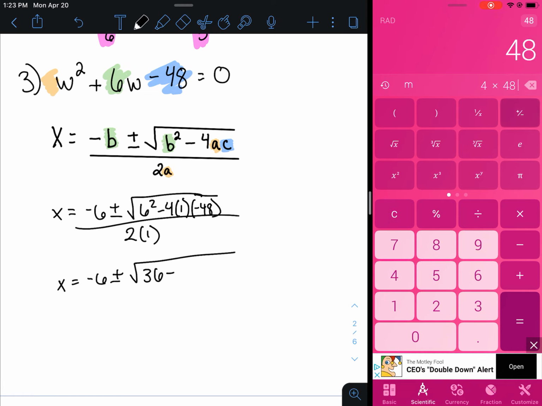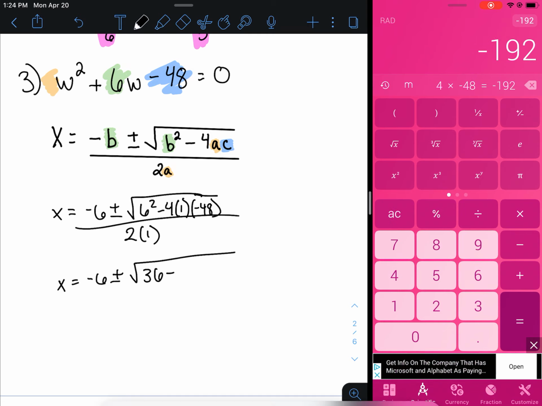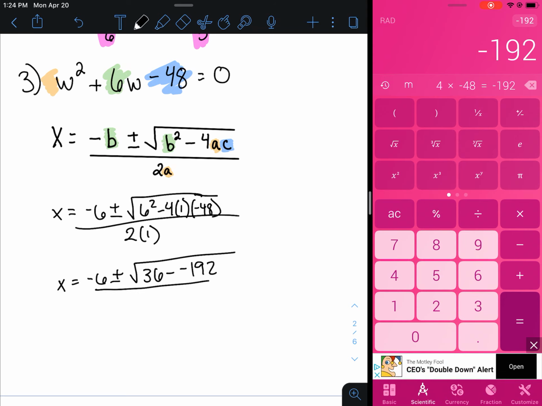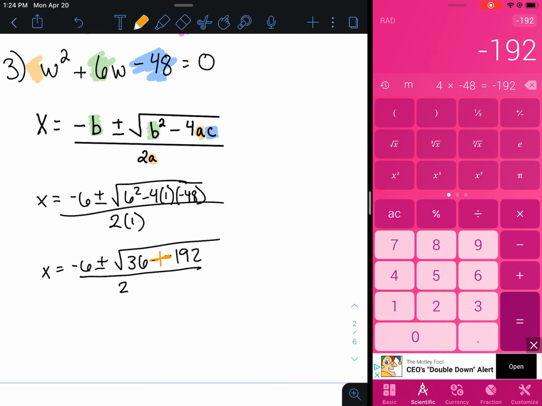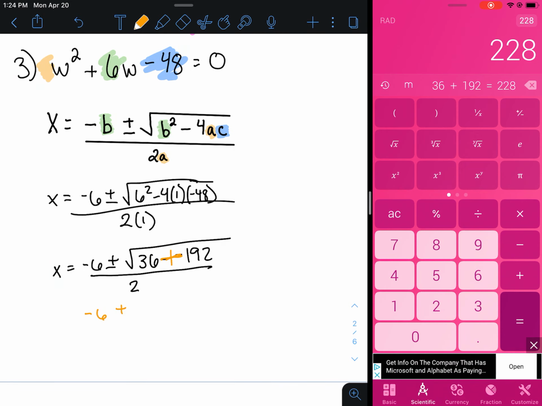And then I'm going to do 4 times 48, and remember that our 48 is negative, so I get negative 192. Now it doesn't matter, because these are going to end up adding together. That 192 is bigger than 36. We remember our rules. This becomes a giant plus. So 36 plus 192, we have 228.